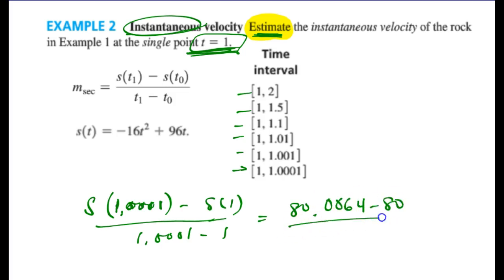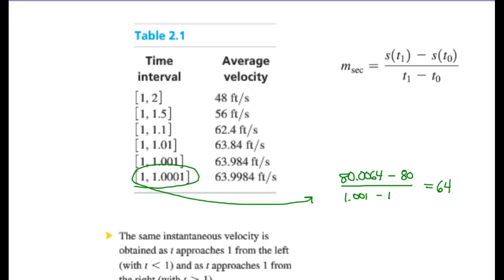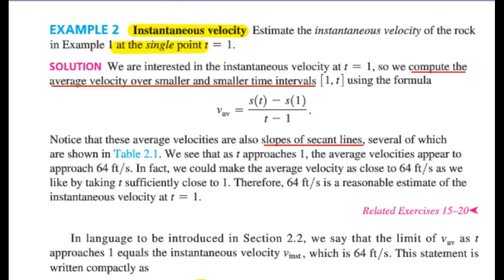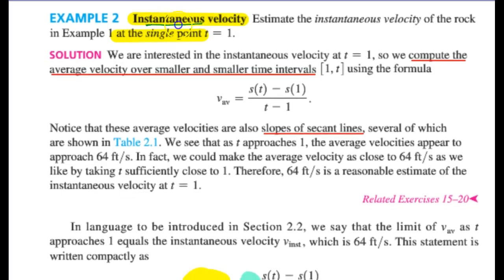Check that on your calculators. Make sure you can get these values. And notice that that's getting very close to about 64. This is approaching the idea of limits, which we're going to get into in this chapter. Notice I'm getting infinitely close to the instantaneous velocity at 1.